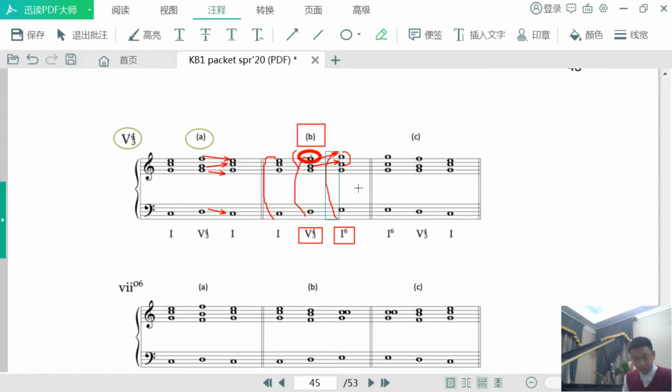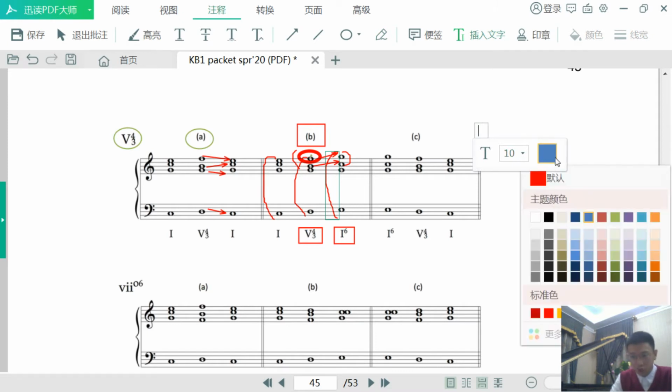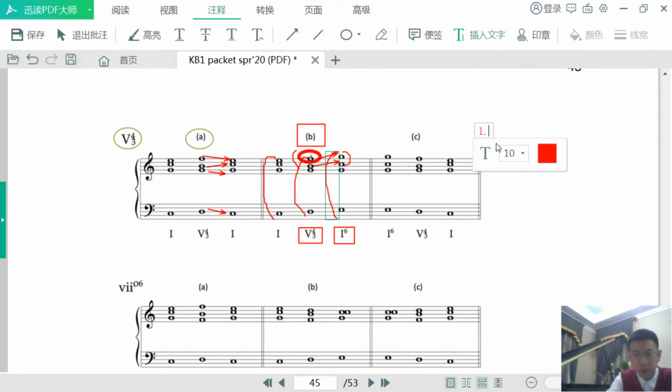Okay, next, I can directly tell you the reason why this chord progression works very well. The first reason is that the composers always do the tonic prolongation in the beginning to prolong the one, which will be tonic prolongation.